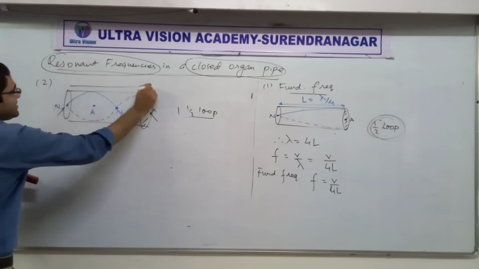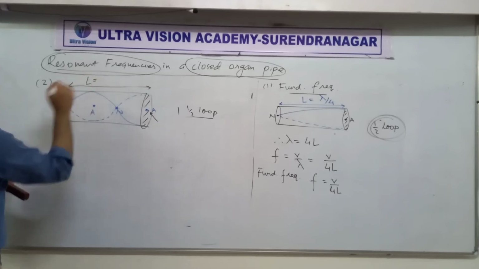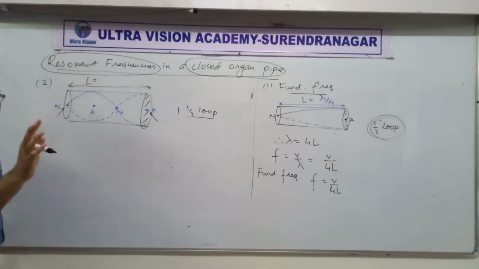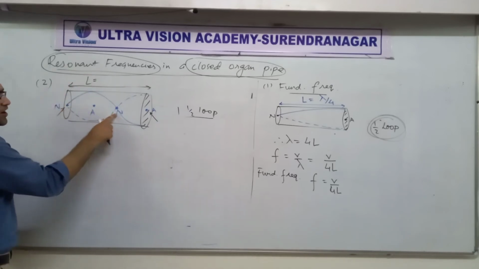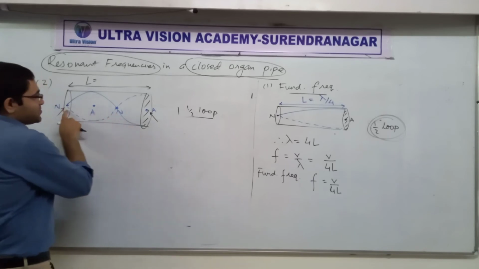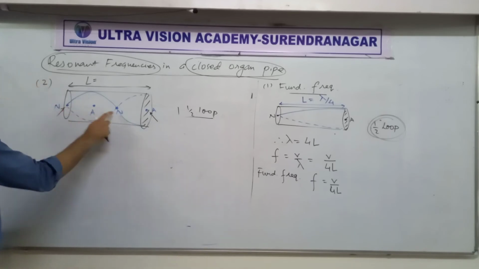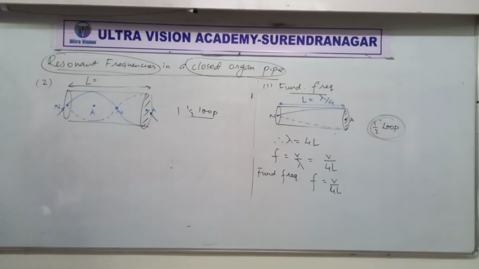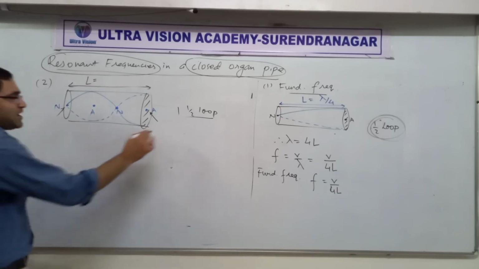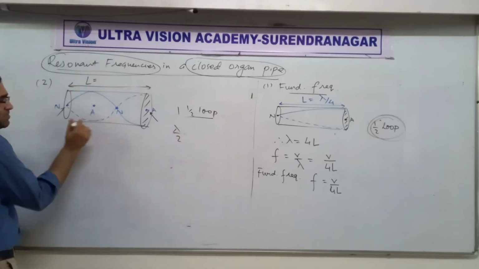Now what's the length here? Let's think about it carefully. Node to node, how much length? Distance between two consecutive nodes, lambda by 2, very good. So till here is lambda by 2.